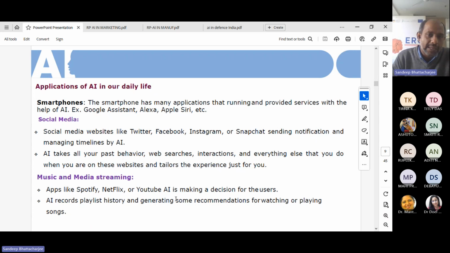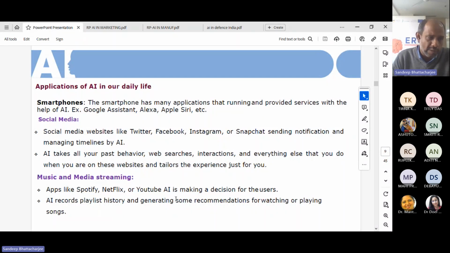Then you have mega corporations, Facebook and Instagram, of course, which is also very popular. And then you have Snapchat sending notifications and all this management of how these softwares are being handled. How do you think it is possible? By normal humans, there are human administrators, but the number of human administrators is going down with each passing day. So these things are now being managed by artificial intelligence algorithms, which are very popular among the founders of these social media services.